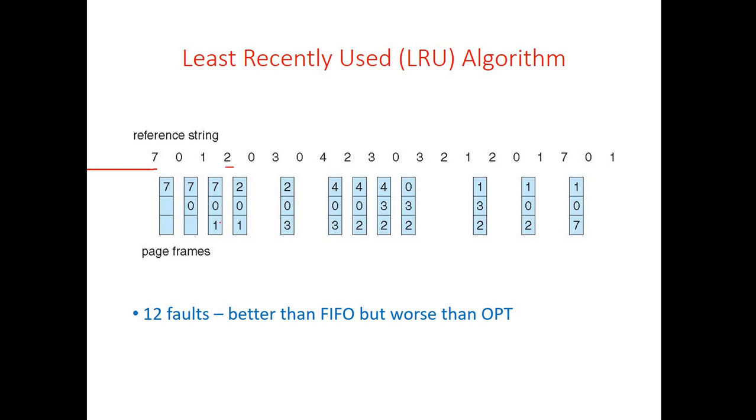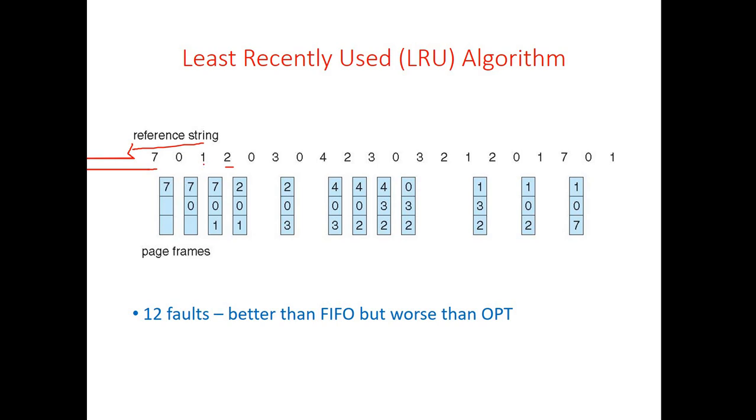So when there is a requirement for page number 2, we need to identify the target frame for replacement. So in this least recently used algorithm, we look back at the previously accessed pages. According to the least recently used algorithm, we have to select a page that is least recently used.